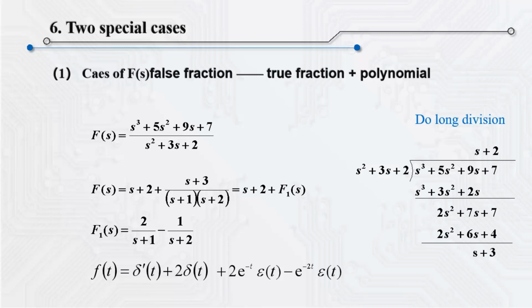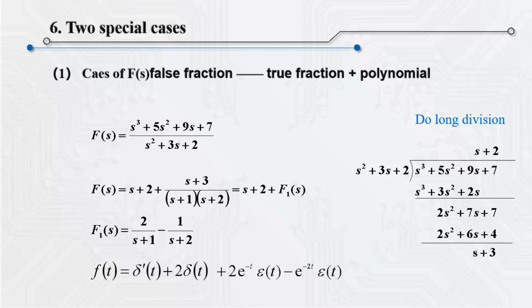First, s. This becomes s cubed plus 3 s squared plus 2s. Subtracting, the remainder is 2 s squared plus 7s plus 7, and the quotient is then 2. Finally, F(s) is equal to s plus 2 plus F1(s), where F1(s) equals (s plus 3) divided by (s squared plus 3s plus 2).